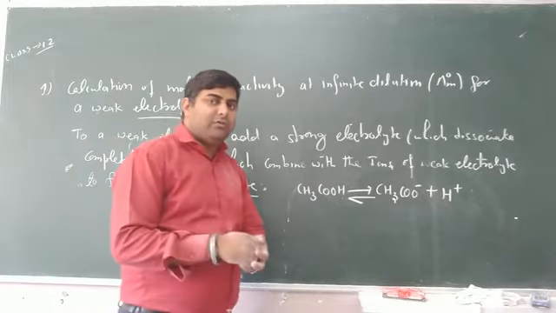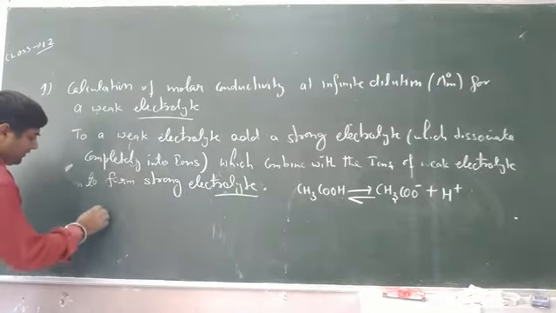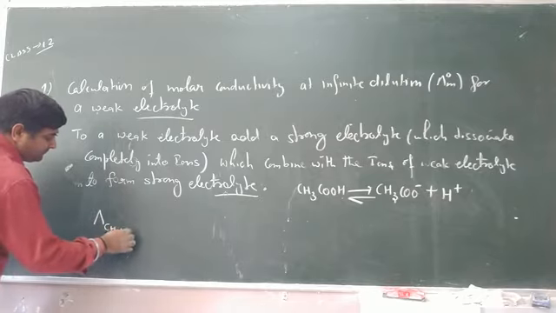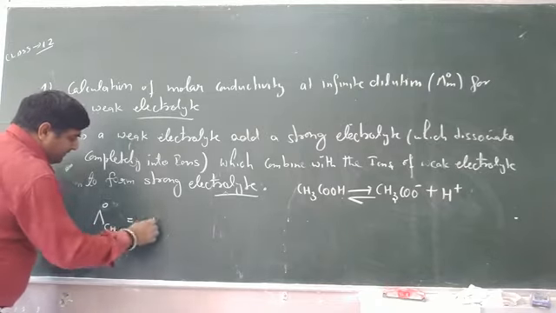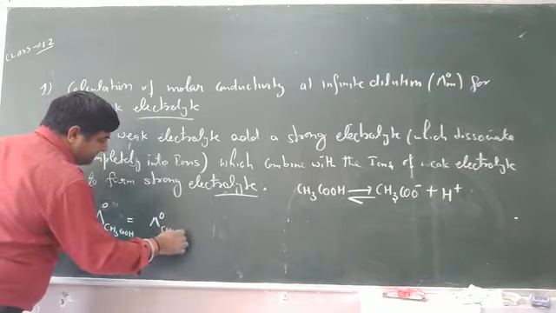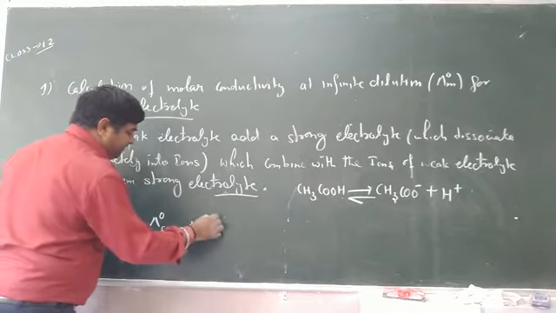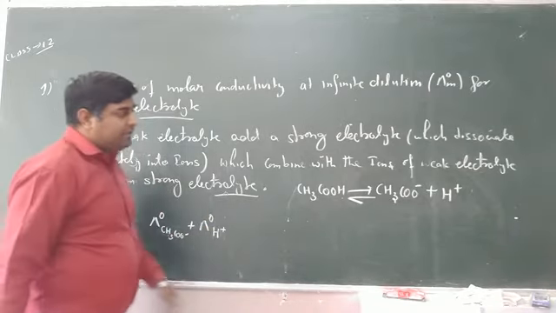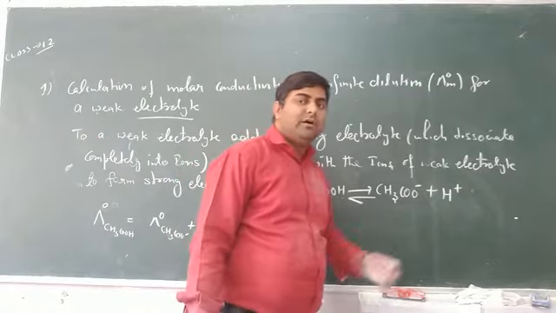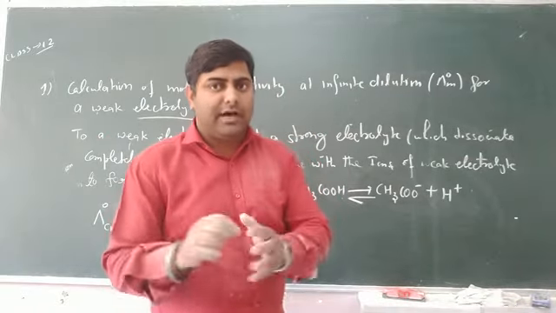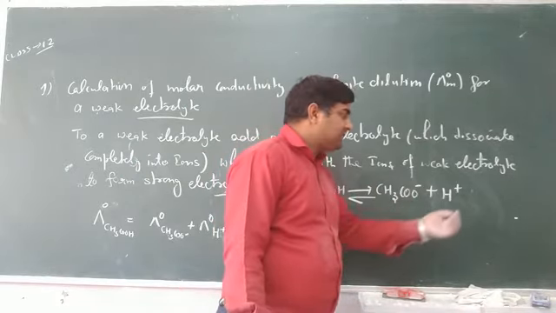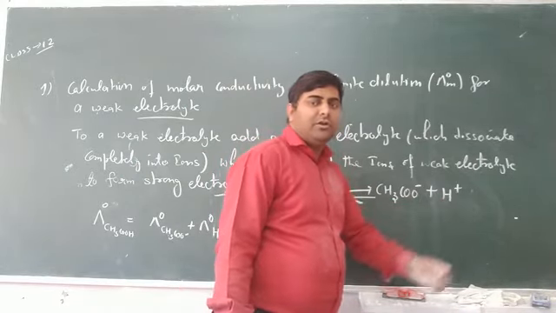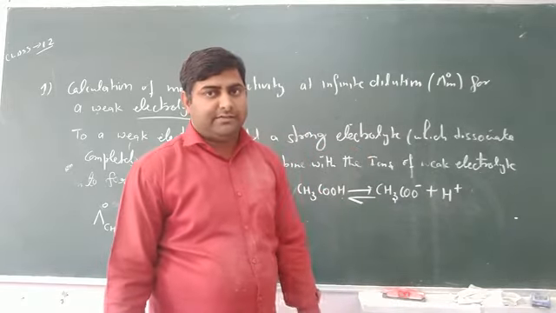If we want to calculate the molar conductivity of acetic acid at infinite dilution or zero concentration, we write it this way. We have to add a strong electrolyte whose ions combine with CH3COO negative as well as with H positive to form strong electrolytes.